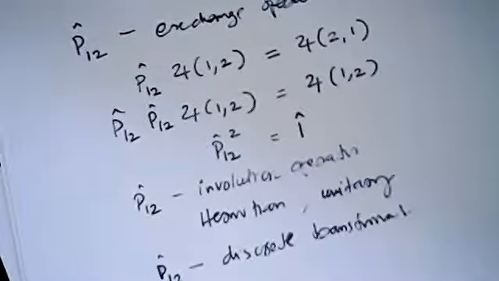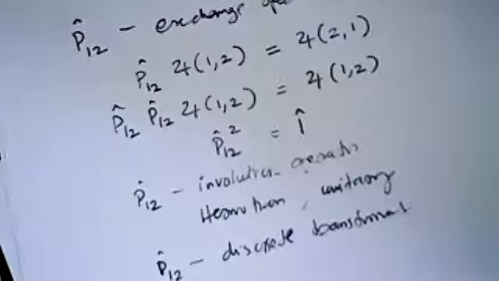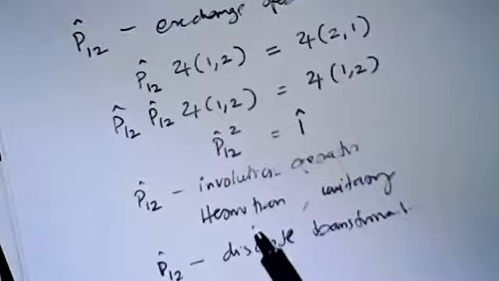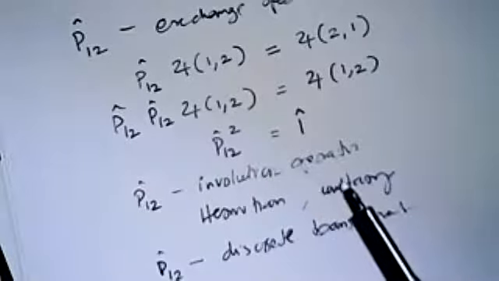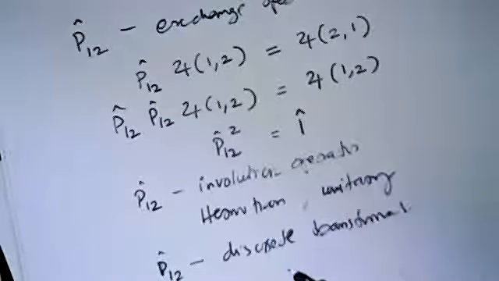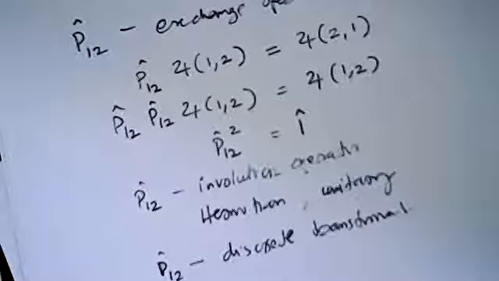According to the principle of indistinguishability, when P12 acts two times or one time, no change happens to the system. The system remains invariant. So under the action of P12, what happens to the Hamiltonian?